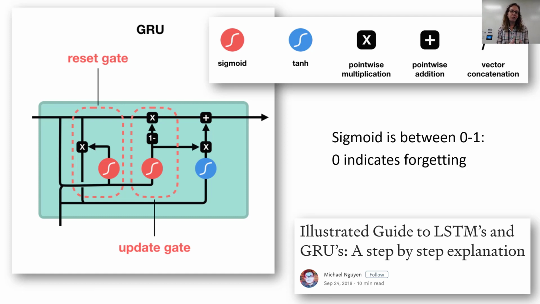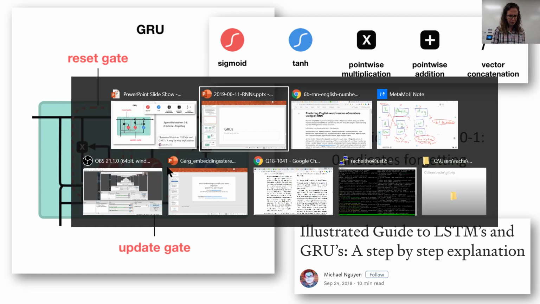But the idea is you're introducing some sigmoids here to combine things. And sigmoid gives you values between 0 and 1, and 0 indicates forgetting. So this gives you a few more levers to be learning about how to balance taking from your hidden state and your new inputs. So at this point, I think I will switch to the code.